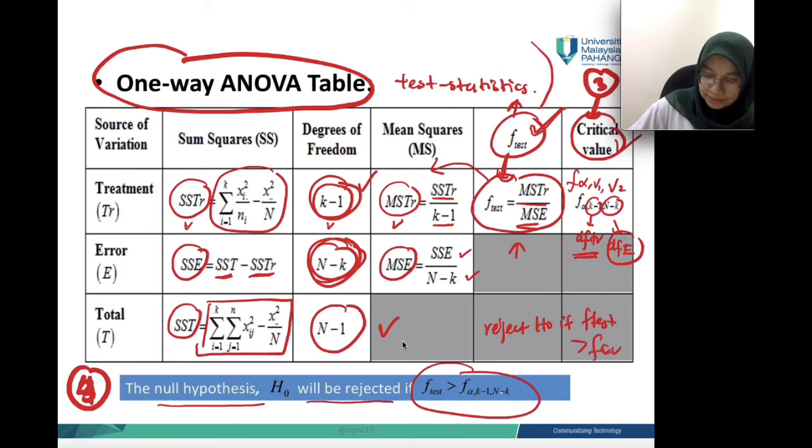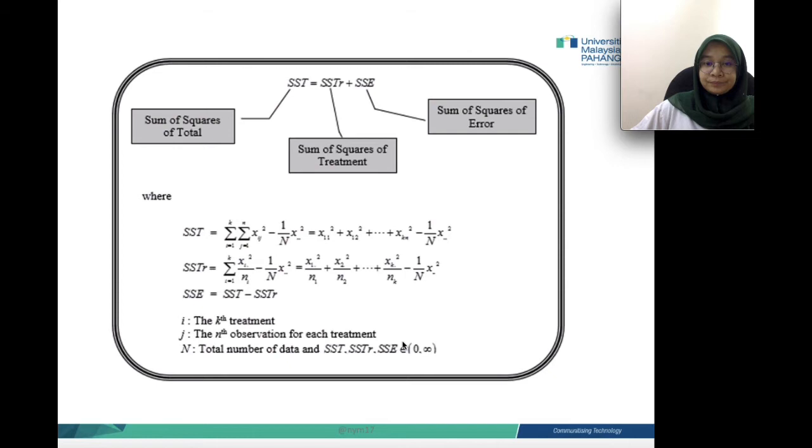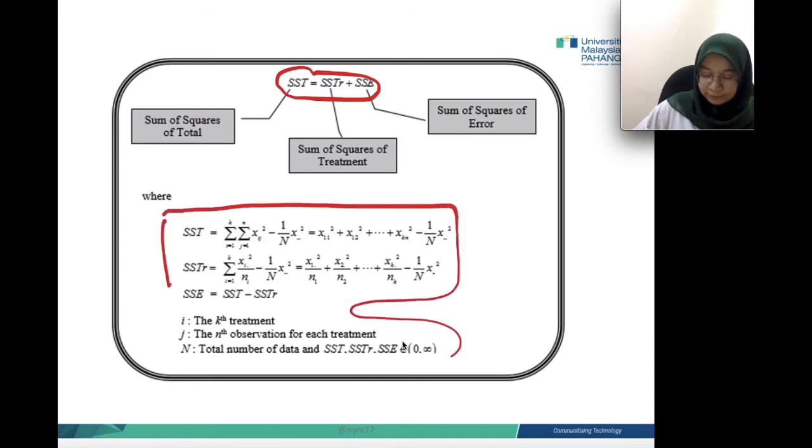This F test greater than this F critical value, reject H null. So now, how to calculate SST, SSTR, SSE? You look at your stat table, you have this formula. How to find SS total, SS treatment, SS error, look at the formula in your stat table.